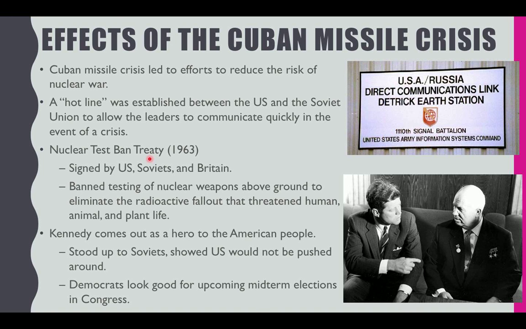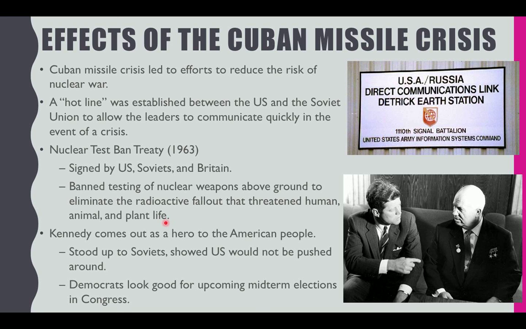This is huge. It's going to be signed by the US, the Soviets, and Great Britain, the big three from World War II, and the two superpowers. What this test ban treaty says is that it is banned from happening to test nuclear weapons above ground.